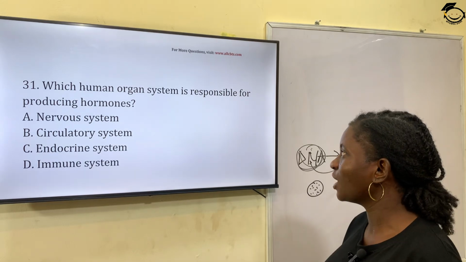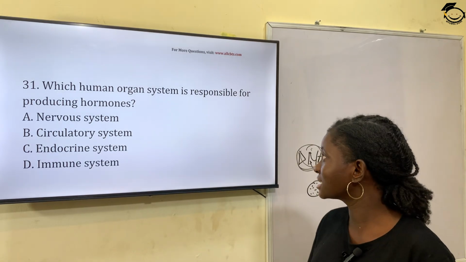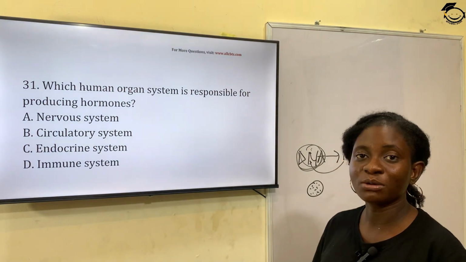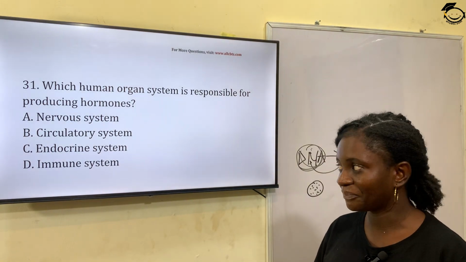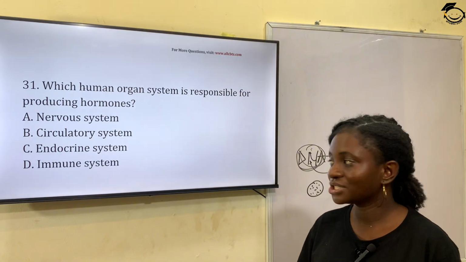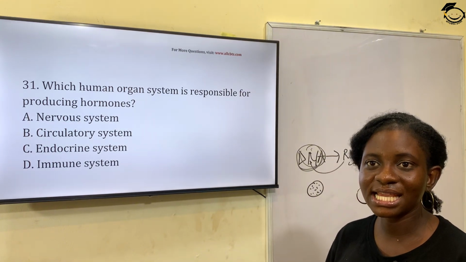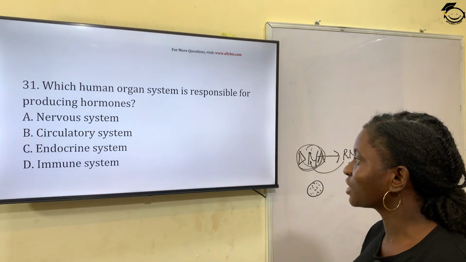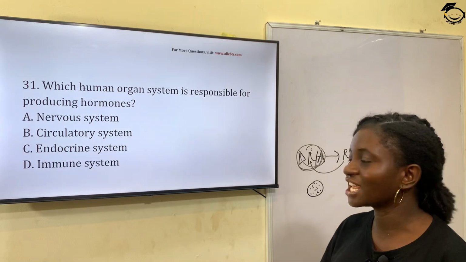Question 31. Which human organ system is responsible for producing hormones? Option A, nervous system. Option B, circulatory system. Option C, endocrine system. Option D, immune system. The correct answer to this question is the endocrine system.